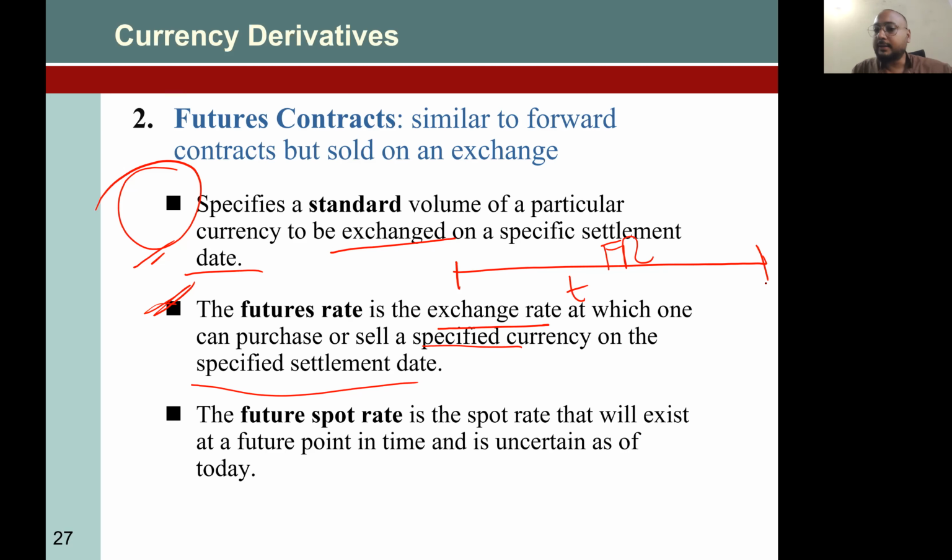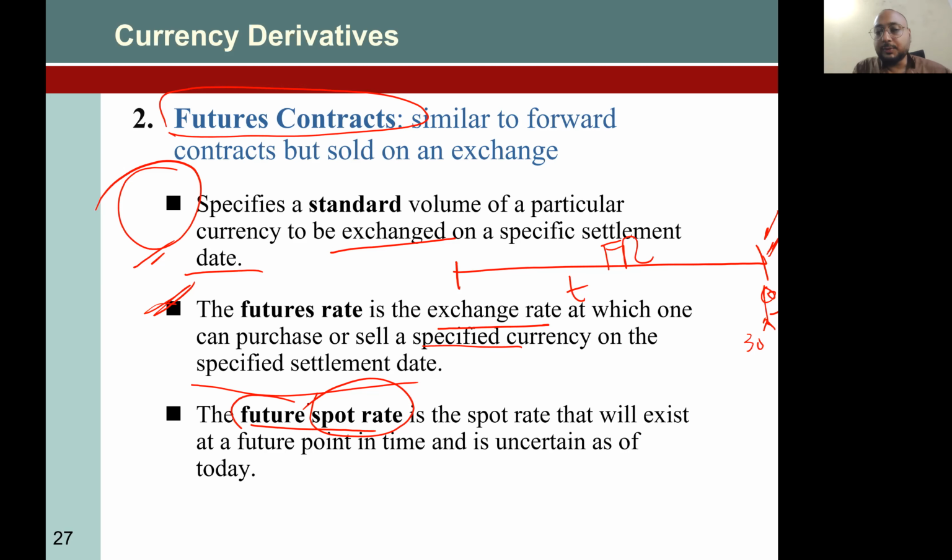No matter what the actual rate in the market is at this time, you will be obligated, it is a must for you to honor the future contract, right? Now, future spot rate means how much the rate in the market is at this time, that is the spot rate, right?